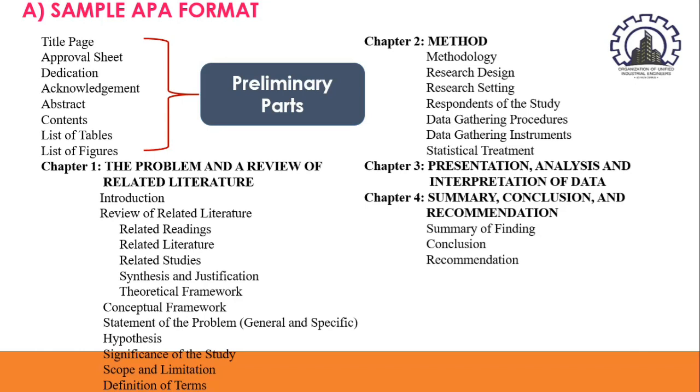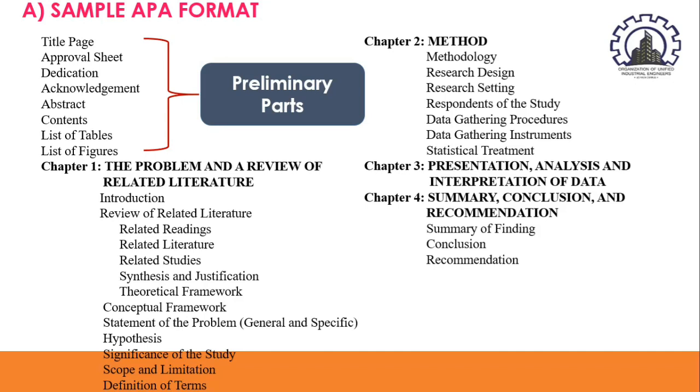And for chapter 2, this is your method. It includes methodology, your research design, your research setting, respondents of the study, data gathering procedures, data gathering instruments, and statistical treatment. For chapter 3, that's going to be your presentation, analysis, and interpretation of data.